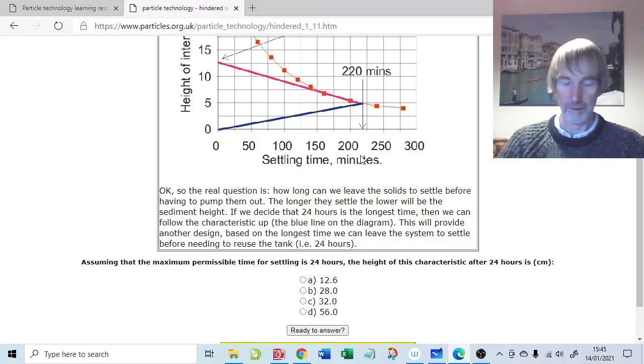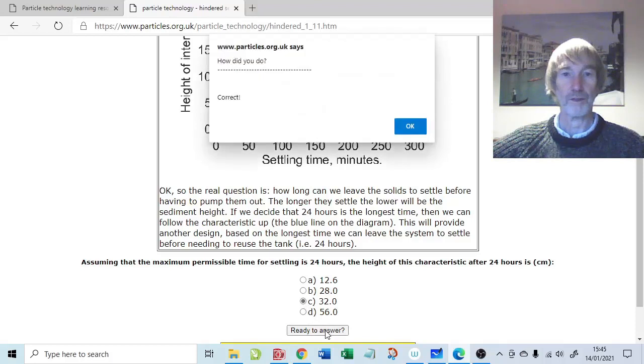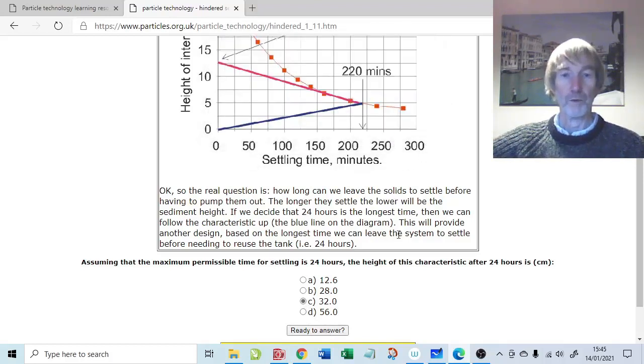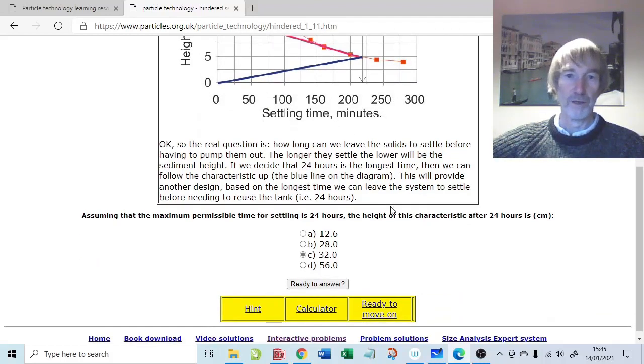Thus the height of the characteristic after 24 hours, so that's times by 0.049, near enough 5 centimeters in other words, gives us 32 centimeters. So after 24 hours, that characteristic would be at 32 centimeters, correct? Good. So we could actually change the tank to be 1/3 of a meter high for the sediment, right?